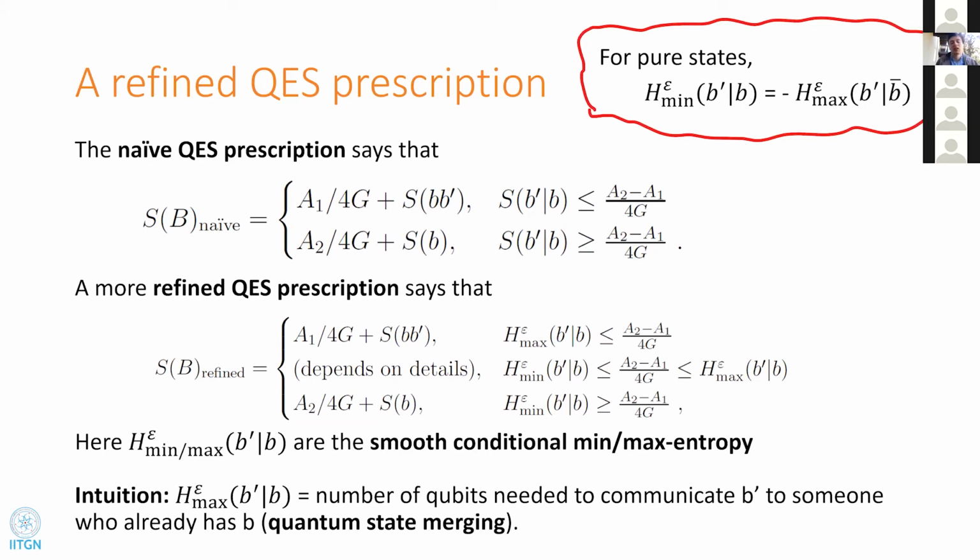Okay. So this second bottom inequality can be thought of as being about whether H max of little b prime given little b bar is less than A1 minus A2, i.e. whether big B bar ends up knowing everything about little b prime. I'm going to again make that more precise later.